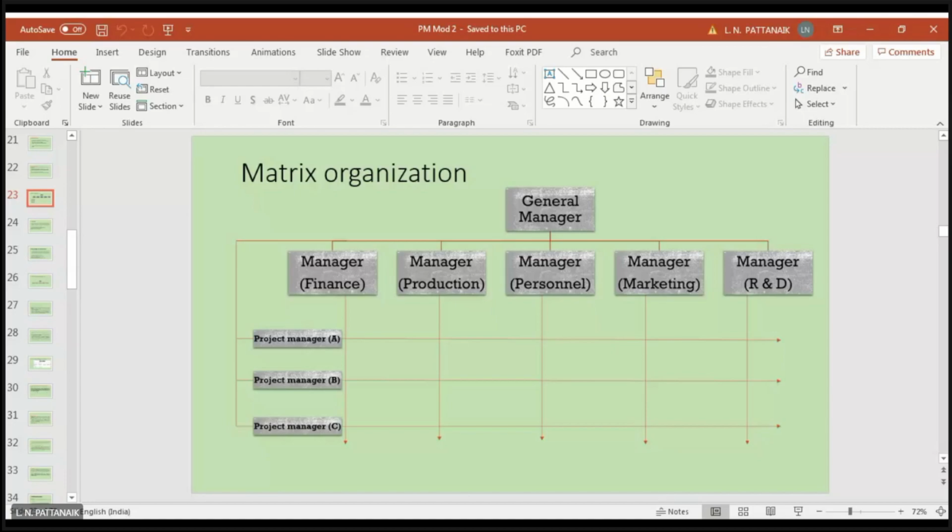But what will come out of that is it may be a mix, right? There may be some functional divisions, there may be some product-based divisions, maybe some area-based divisions, or maybe project-based divisions, or maybe divisions based on geographical location, like Asia or Asia Pacific or Europe.